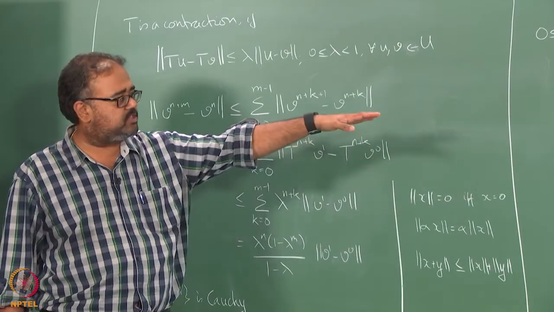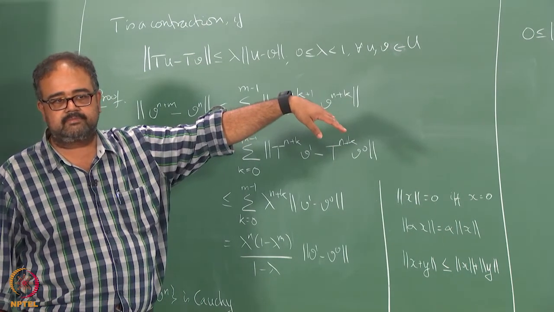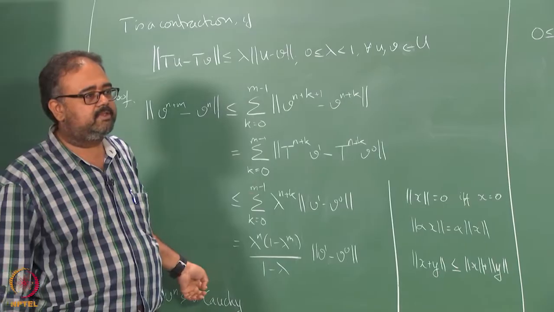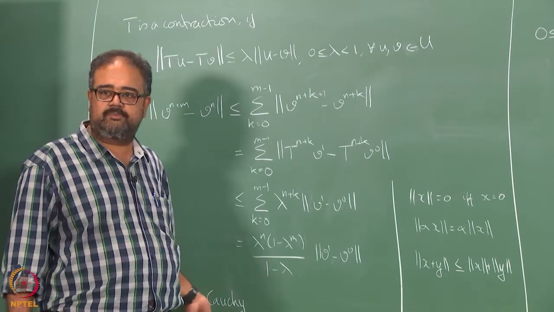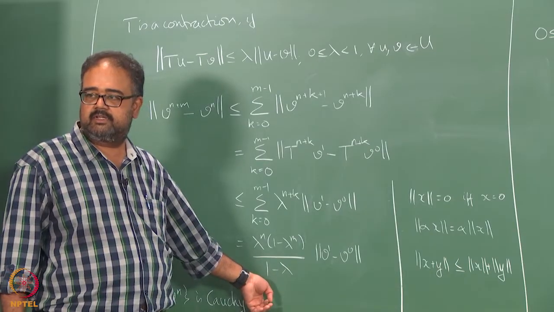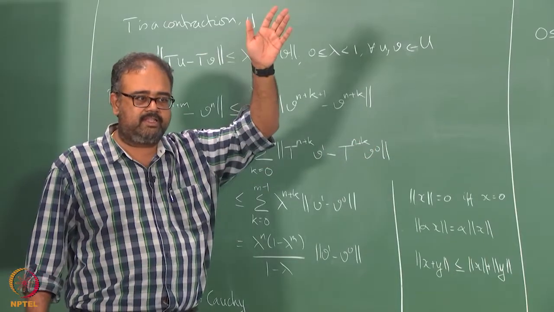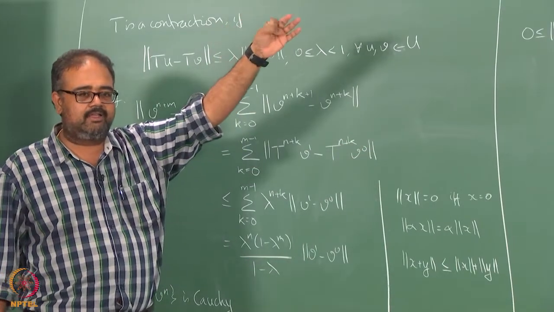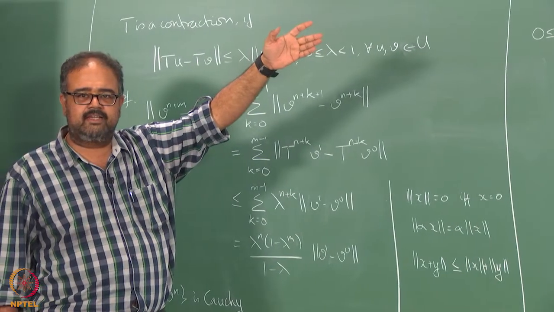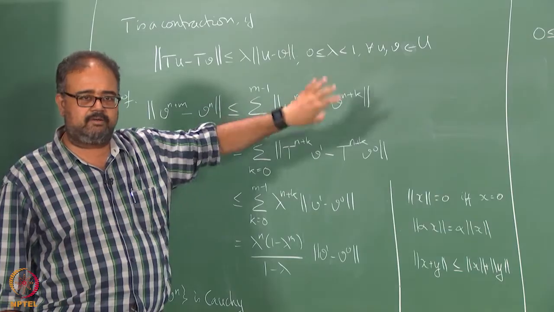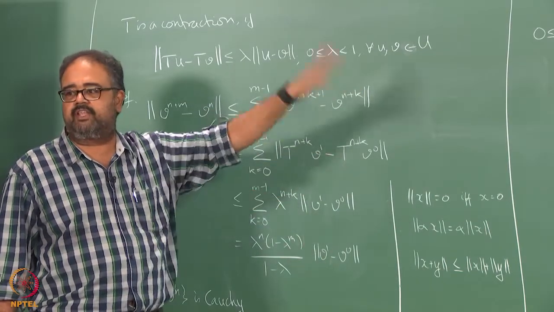What I am trying to show is that once you reach V star, you do not go anywhere, you just stop there under T. The sequence I am generating, Vn plus 1, Vn plus 2 and so forth, I am showing that it is Cauchy. So if I apply T infinitely often, I will reach V star. What we are trying to show is that V star is actually a fixed point. Once you reach V star, you are going nowhere.